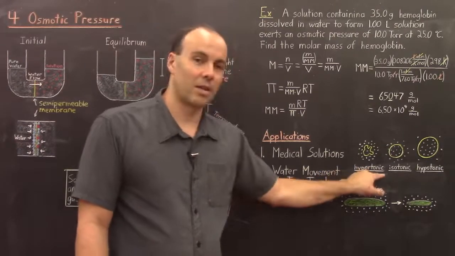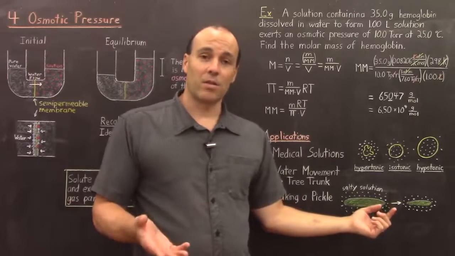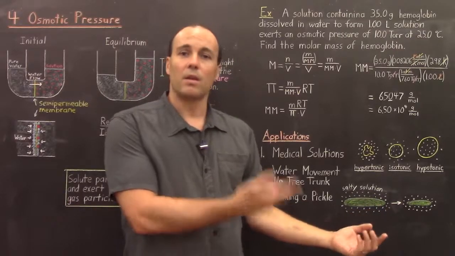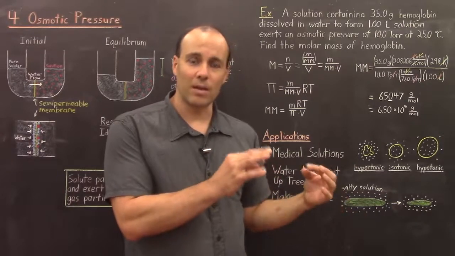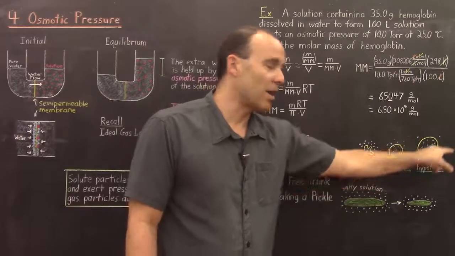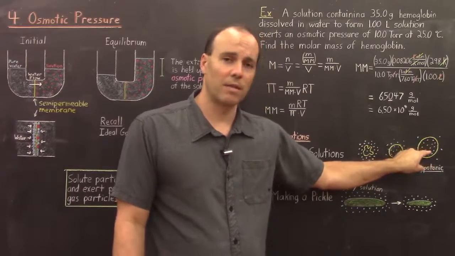That's called a hypertonic solution. A hypotonic solution is actually opposite, where a nurse might inject a very dilute IV fluid, and in that case, that can cause the extracellular fluid to be more dilute relative to the inside of the cell.